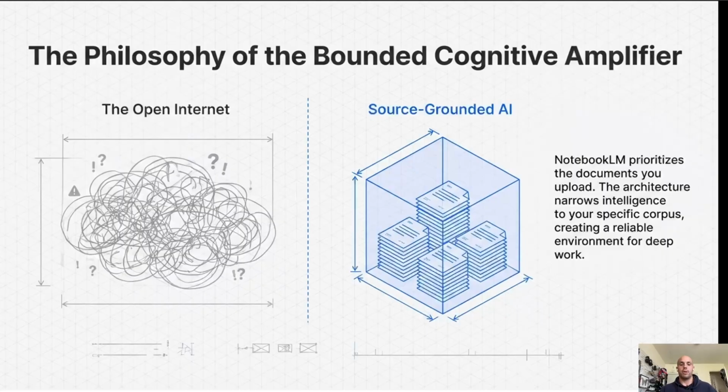So the goal of NotebookLM then isn't to be a tool that knows everything, which ChatGPT can sometimes give that feeling, but to create a bounded cognitive amplifier, it calls it, which is a reliable environment for deep work, where the AI prioritizes uploaded PDFs, Google Docs, slides, whatever information you serve up to it.